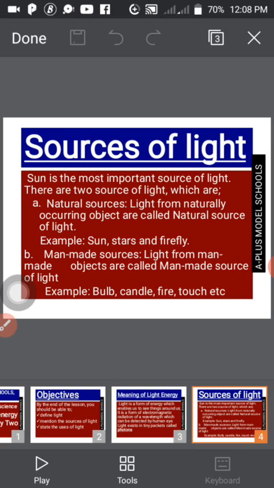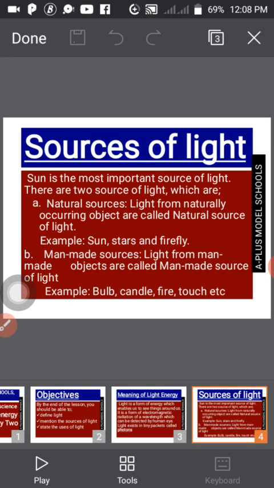It is natural and it is a form of light. Stars, fireflies. These fireflies are all these tiny, tiny flies that we normally see at night that have light on their heads. So they are also a natural source of light.